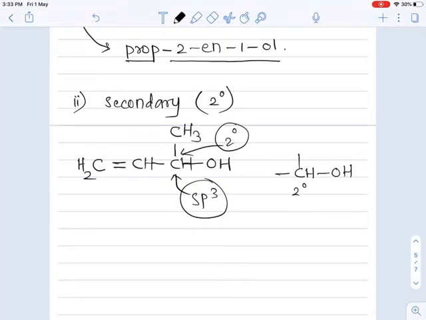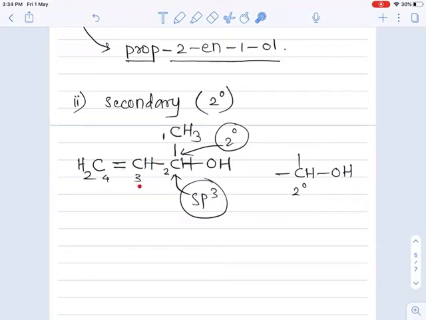Now its IUPAC name. If we number the chain, then from this side we get the minimum possible number for the carbon that carries the OH group. So if we number this 4 carbon containing chain, this is carbon number 1, 2, 3 and carbon number 4. Now in this chain 2 functional groups are there. At carbon number 2 an alcoholic group is there, so this is an alcohol compound, and at carbon number 3 an alkene group is present.